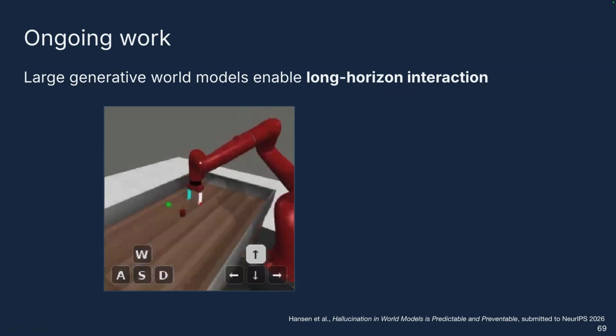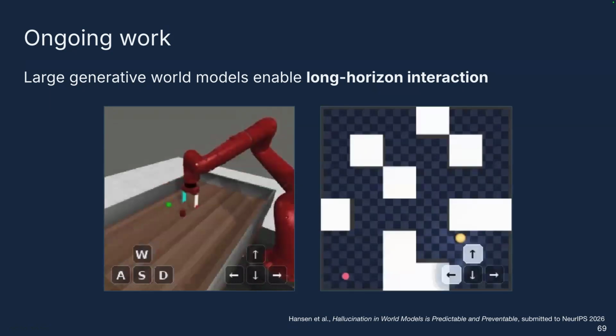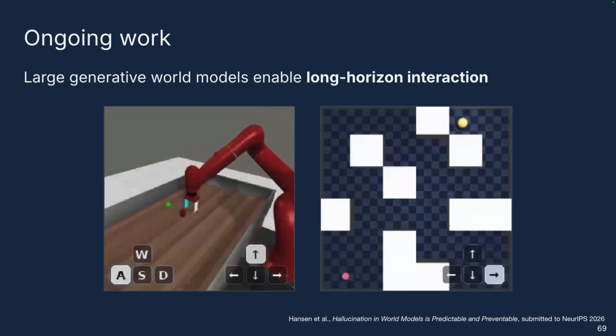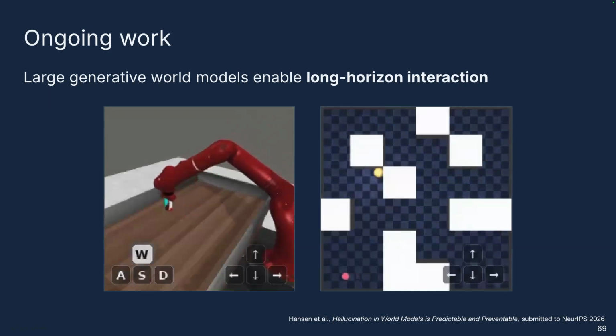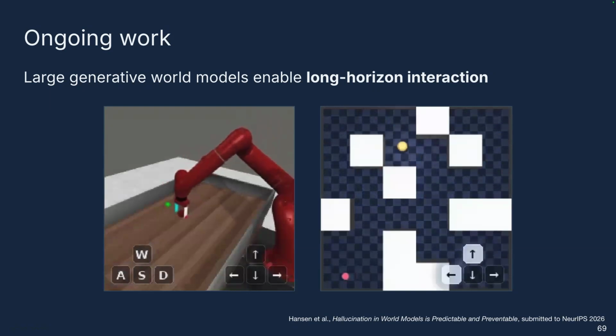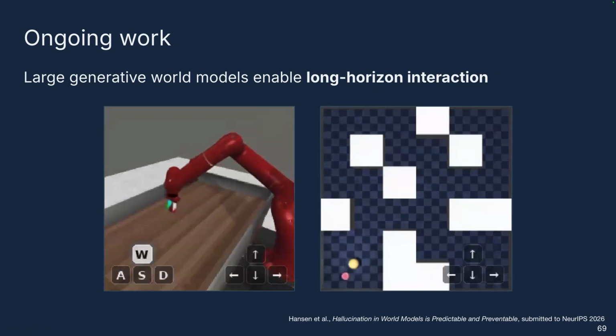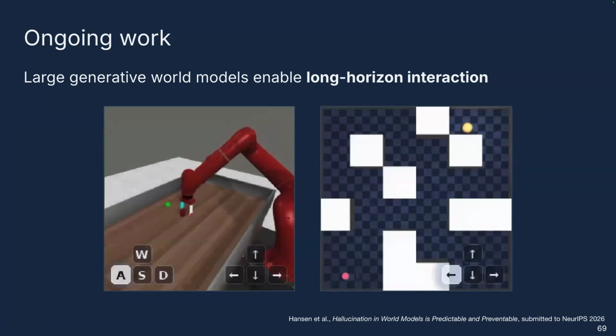When I press the up key, for example, the robot moves in that direction. And similarly for these other 2D navigation problems that might be a little easier to visualize, I'm controlling the yellow dot. The goal is to move to the red dot, but I'm controlling it using the keyboard.